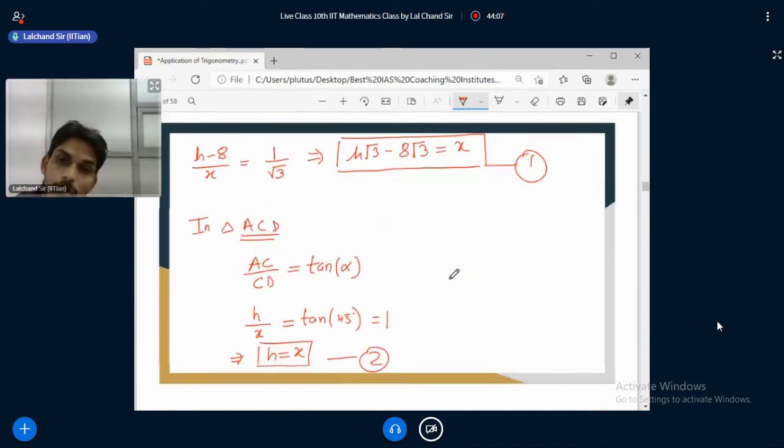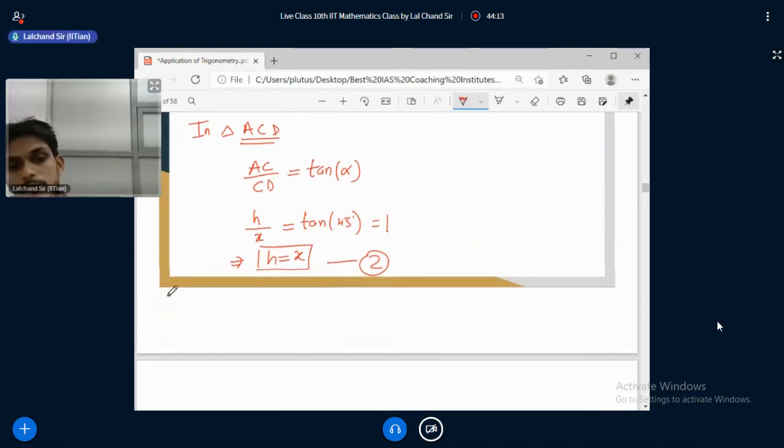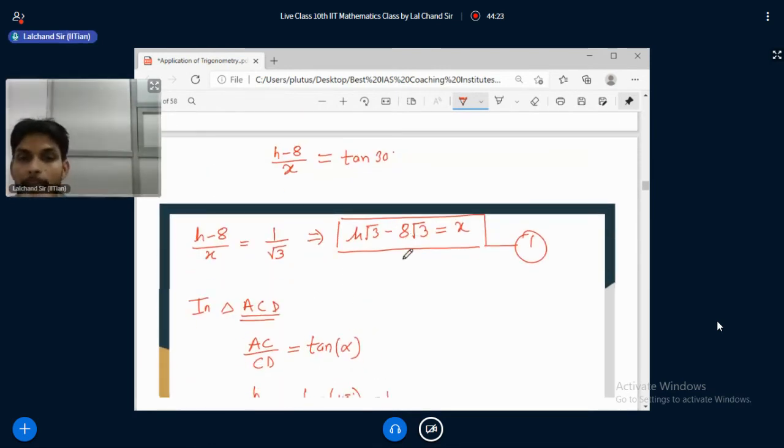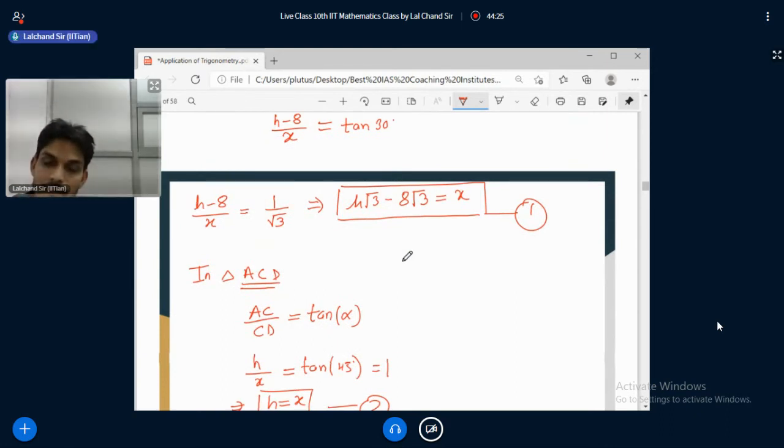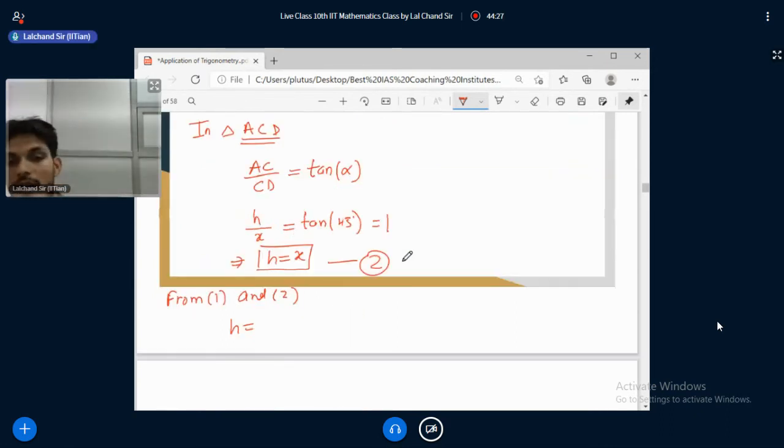Okay, so using 1 and 2, can you find the h value by eliminating the x value? So from the first and second equation, we can say h equal to h root 3 minus 8 root 3.